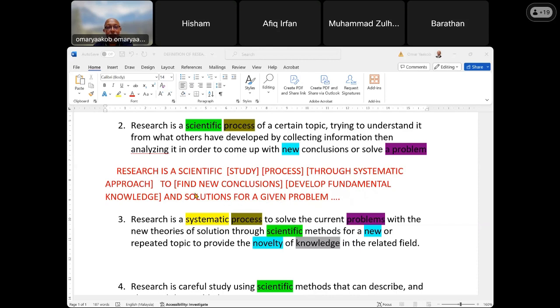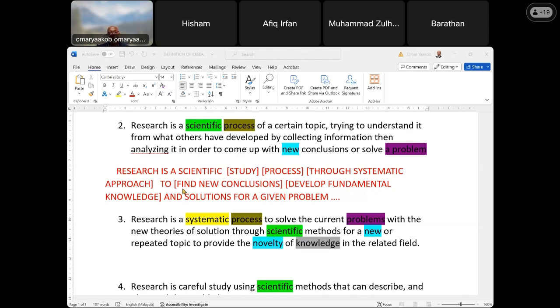So we find the solution for an existing problem, and also find a new conclusion for a topic that we haven't discovered yet. Let's say there is study A and study B. Study A is something we haven't discovered yet, like a physics topic, and study B is like engineering topics. For physics topics, we find new conclusion. For an existing topic like study B, we are finding solutions.